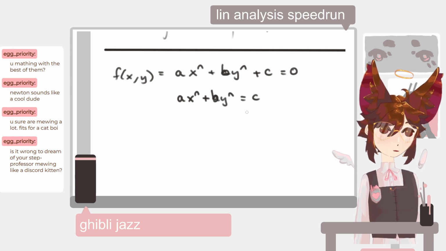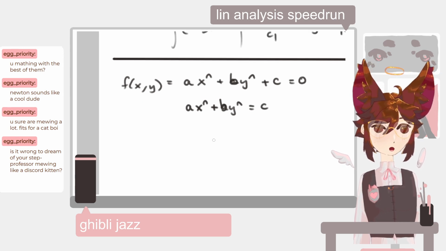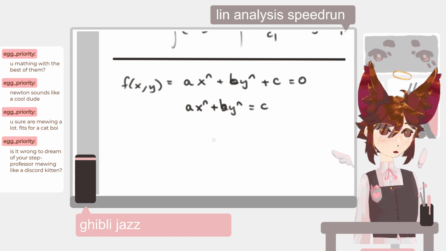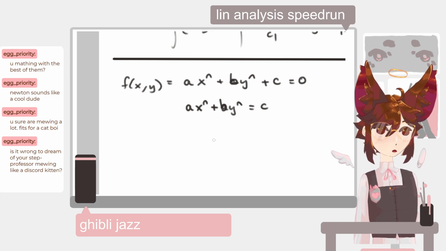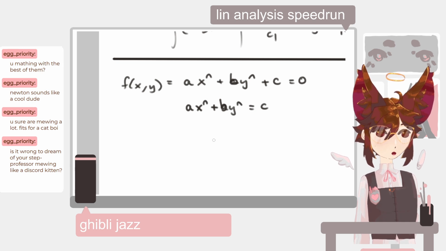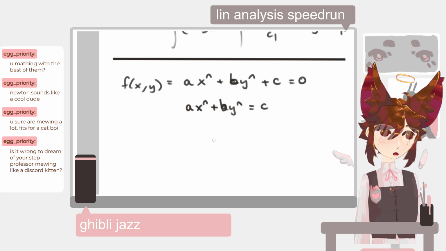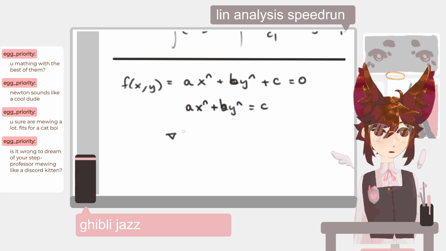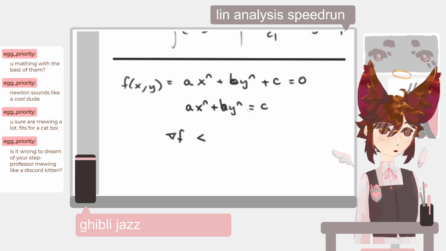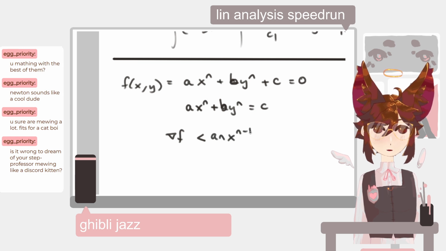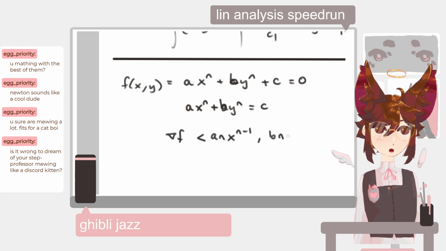Okay, so we have a family of level curves, and what we want to do is take the gradient of it, which is basically just a fancy way of saying we want to be able to find the slope of different directions of this function. So if we take the gradient, we're gonna do partial with respect to x, so that'll be a x to the n minus 1, and we'll do b n y to the n minus 1.